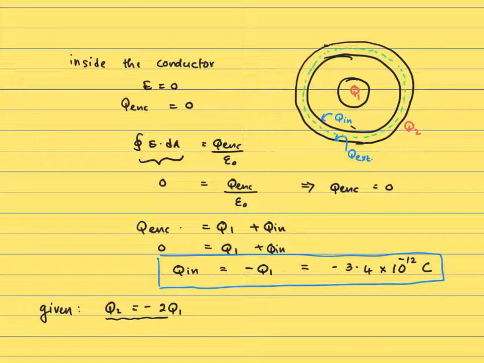So negative 2 Q1, and Q external should be the difference between Q2 and Q internal. That's pretty clear. So Q external equals negative 2 Q1 minus Q internal, which turned out to be negative Q1, and you end up with negative Q1 as the final answer for Q external.